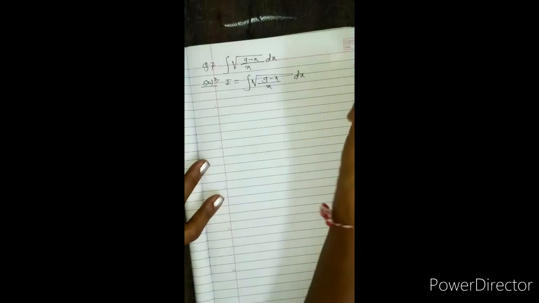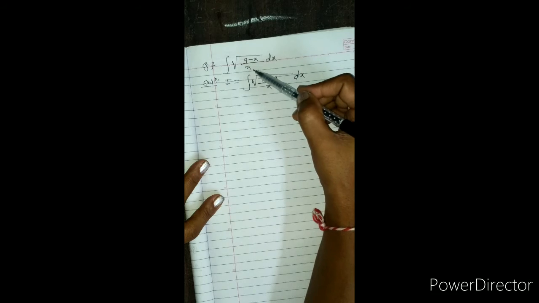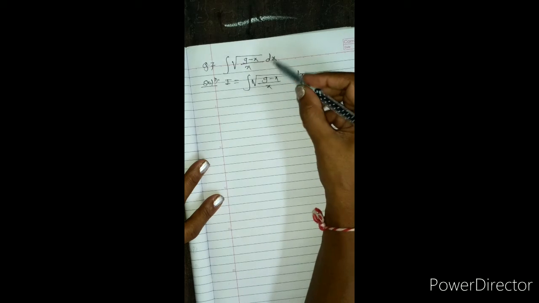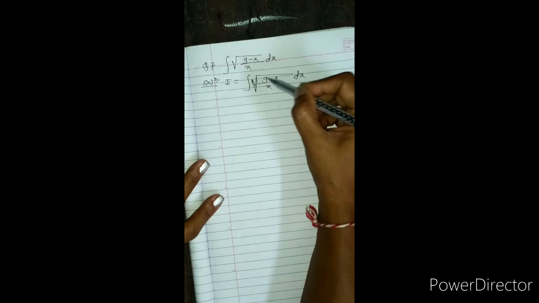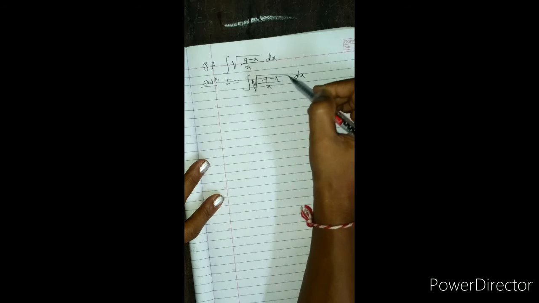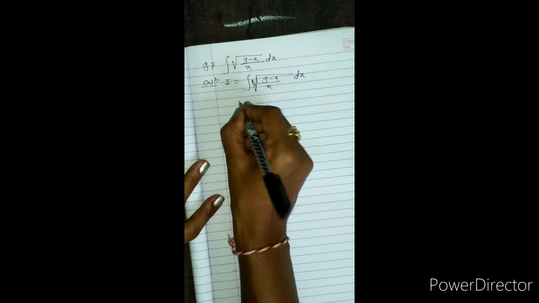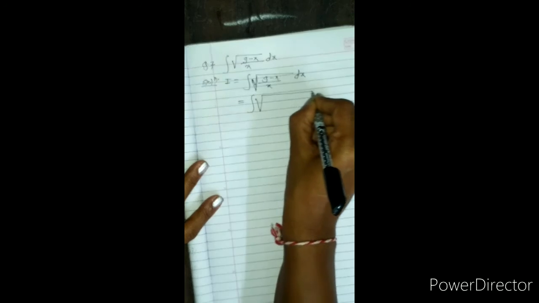Now in such a type of expression, we see under the root sign both are linear, but in this case we always make the numerator free from the root sign. Sometimes there may be an expression such as 9 minus x divided by 9 plus x. Again for this we use the same method, so we try to make the numerator free from the under root sign.